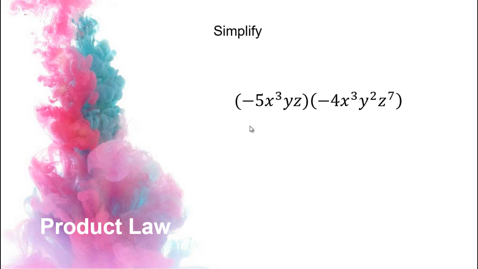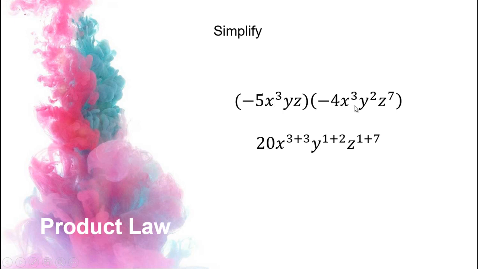Okay? So it is not 0, but 1. It is not written, and it is not necessary to write it when the exponent is 1. So, first we multiply the coefficients.